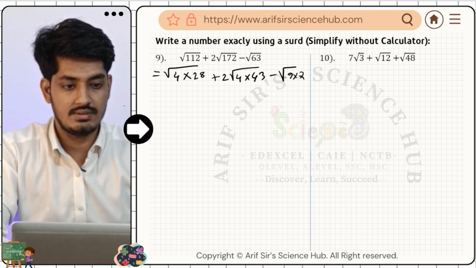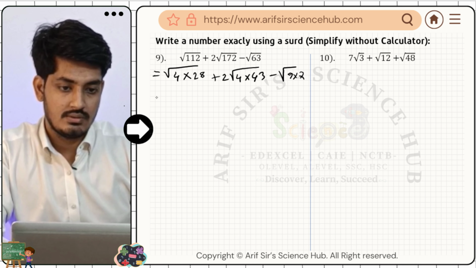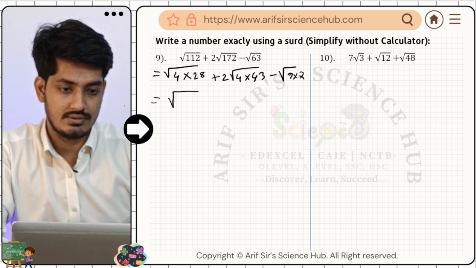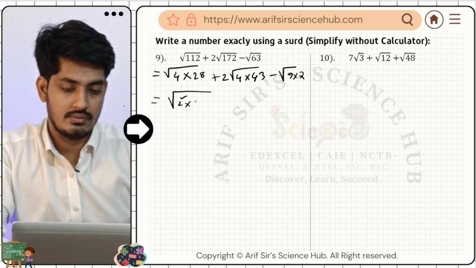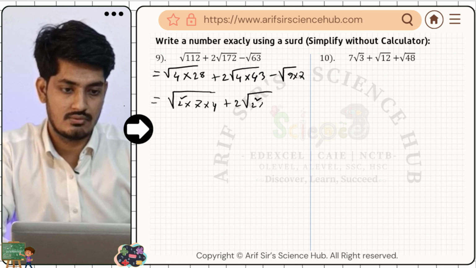If we divide 63 by 9, it should be 7. Now we can simplify these equations, like 2 squared into 7 into 4, plus 2 squared into 43, minus 3 squared into 7.